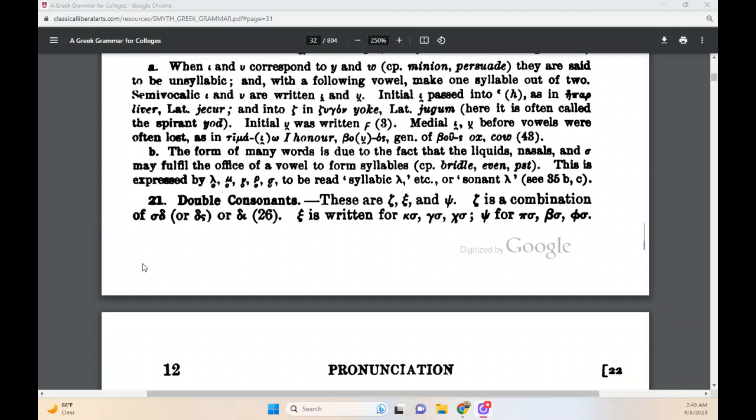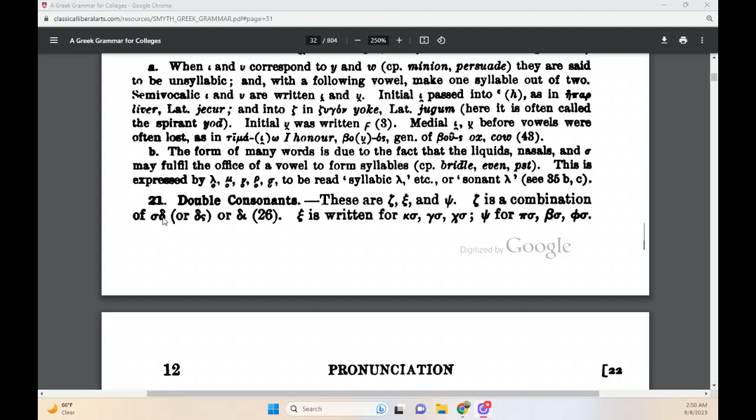Lastly, Article 21, double consonants. Very simply, there are 3 of them in Greek: zeta, xi, and psi. Now, the letter zeta can be a little confusing because there are 2 different ways that it's pronounced, and we'll see that here in the note. Zeta is a combination of 2 consonants, sigma delta or delta sigma.